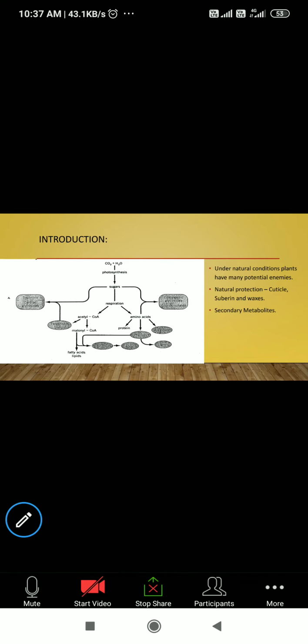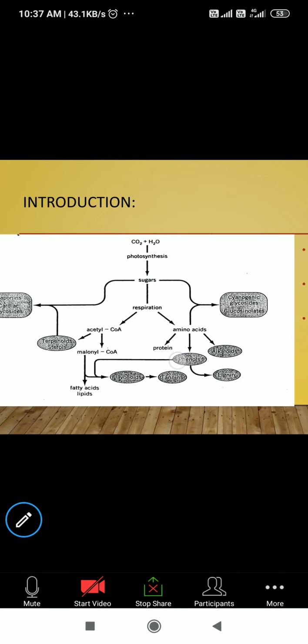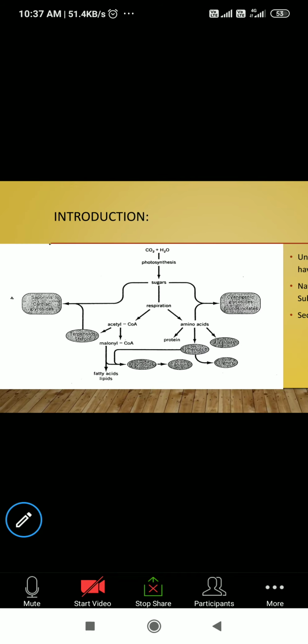If we see the diagram, this is how secondary metabolites are produced. The biosynthetic processes utilized for the production of primary metabolites overlap with the processes of secondary metabolites.